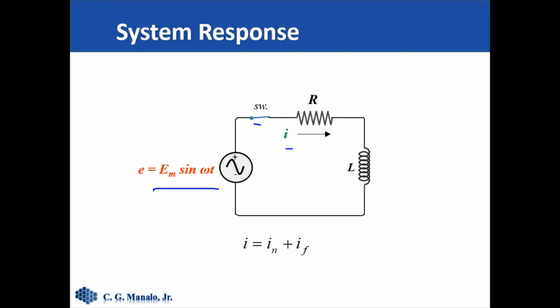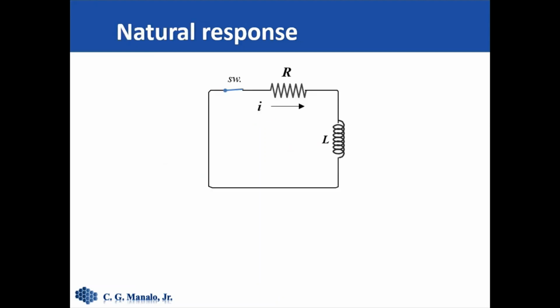The response here will be a composition of two terms, the natural response and the forced response of the circuit. So first, to come up with the solution of the circuit, we need to know what we mean by natural response and forced response. So what is a natural response?